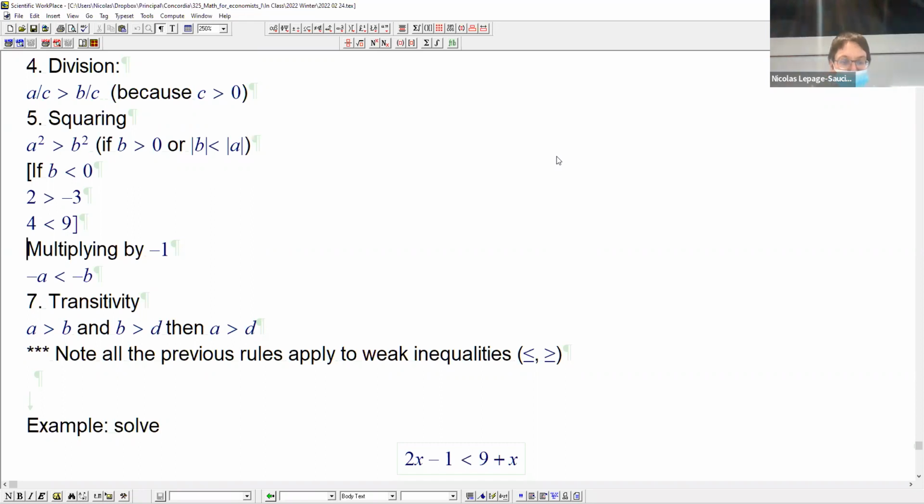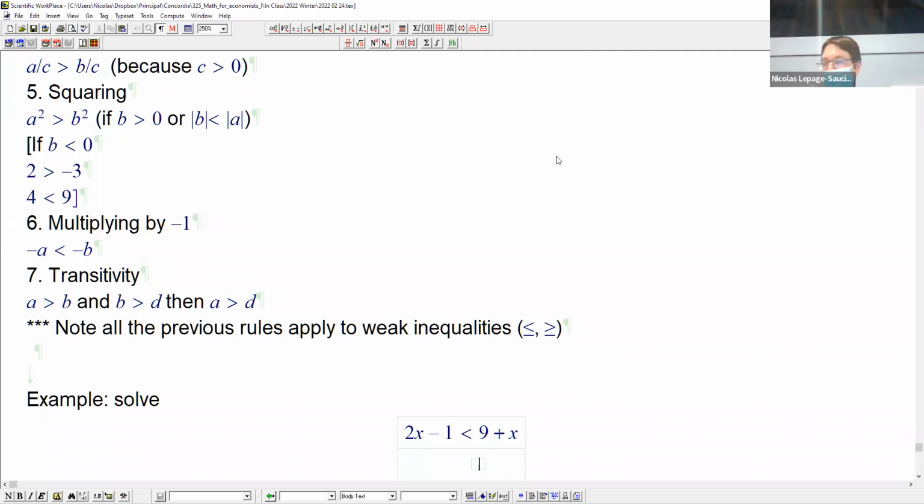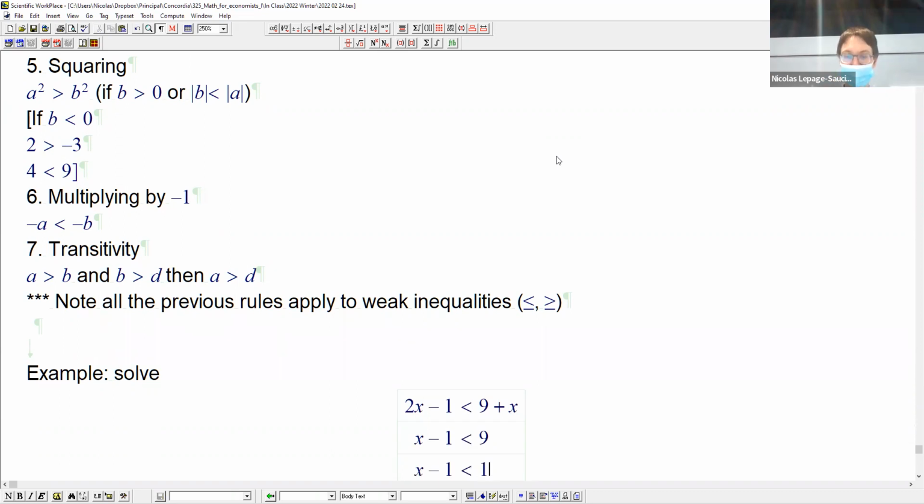Oh yeah, so sorry, that's multiplication by minus 1. So what's x? Is it greater or smaller than something? Yeah, good. So let's do that. Let's subtract x on both sides. So I get x, and then let's add 1 on both sides. So 10.